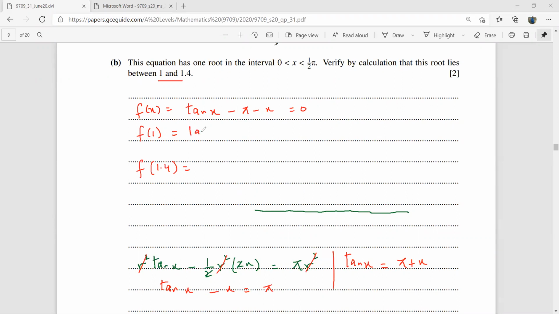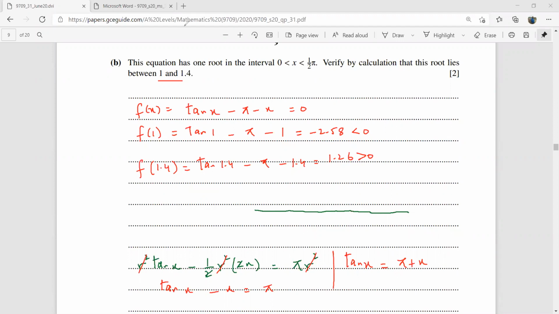This is basically tan 1 minus pi minus 1, and then this is going to be tan 1.4 minus pi minus 1.4. So can someone tell me which one is positive, which one is negative? So you see that by stating these values, you can tell the change of sign. The change of sign verifies that the root lies between 1 and 1.4.